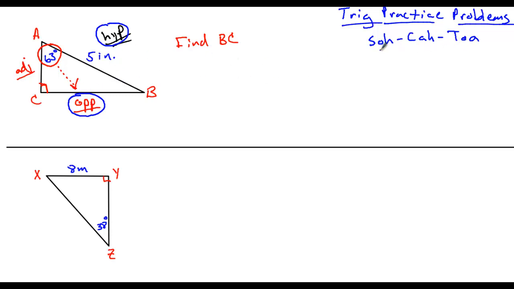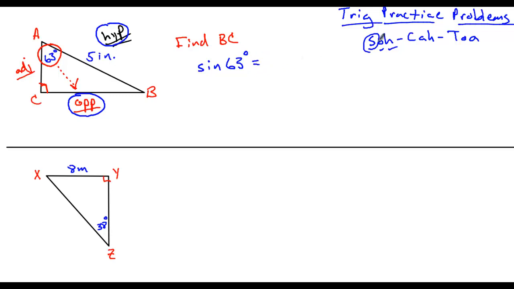And for me, opposite and hypotenuse means I'm going to use the sine ratio. So in our videos, we wrote down sine A. Well, that's because we didn't know what A was. Now, I know that A is 63. So I'm going to write sine 63 degrees.